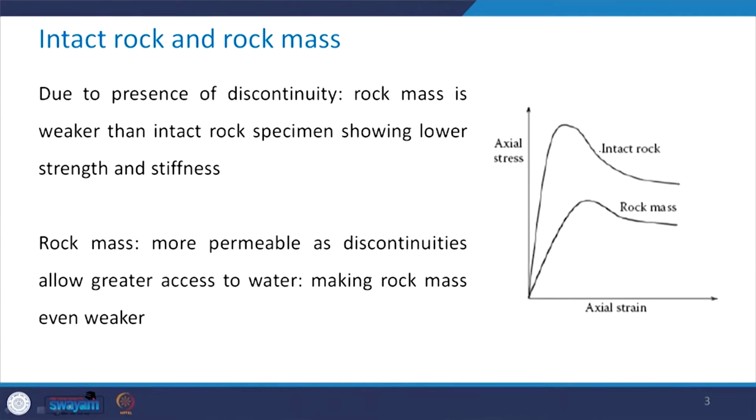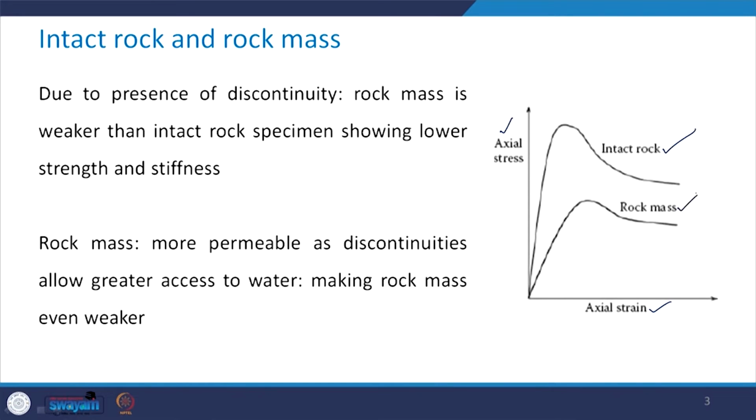So it is only the presence of discontinuity which makes the strength characteristic of rock mass different than that of the intact rock. Due to the presence of the discontinuity, we have seen that rock mass is weaker as compared to the intact rock specimen, and when it is weaker, obviously it will show lower strength and stiffness. So here in this figure, axial stress versus axial strain plot has been shown. So the upper one is for the intact rock and lower one is for the rock mass.